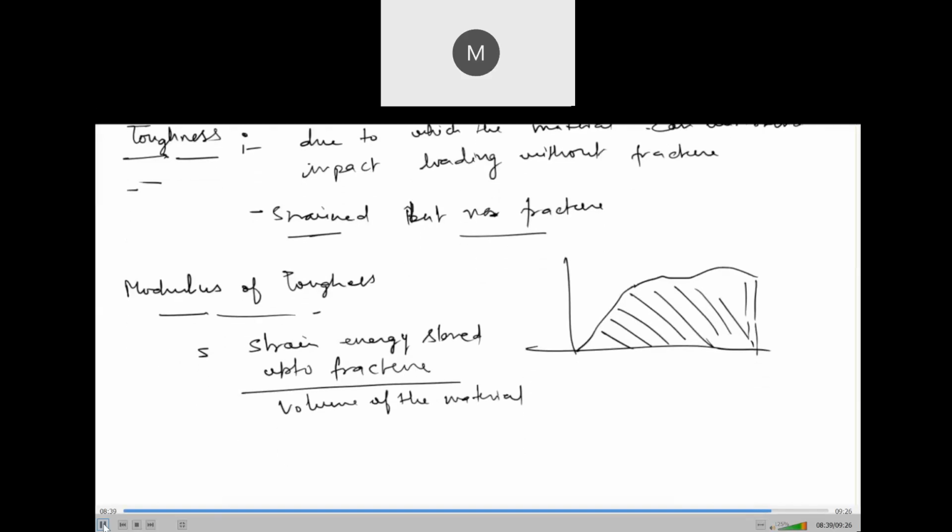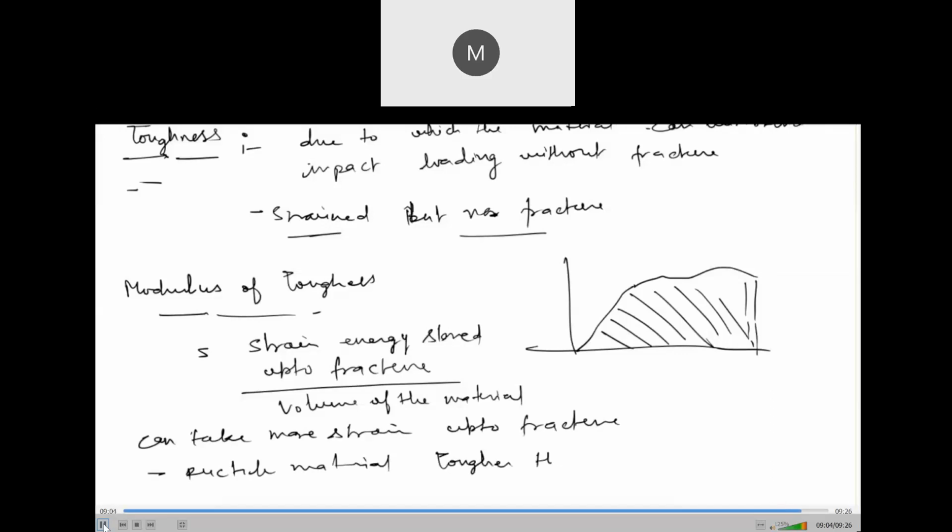So which material would be tougher? The material which can take more strain up to fracture. With that logic, the ductile material would be tougher than the brittle material.